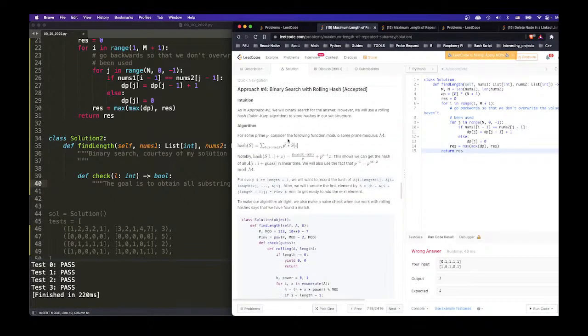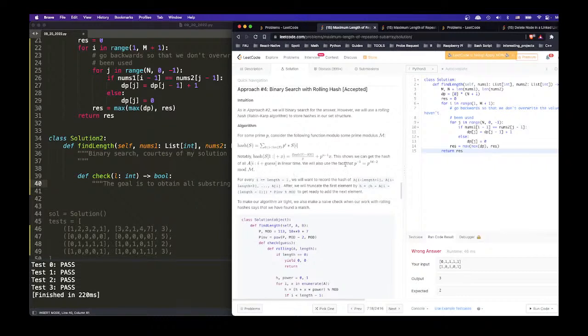Okay, let's read this again. P to the i times s i. This is a rolling hash. Hash this, guessing linear time.